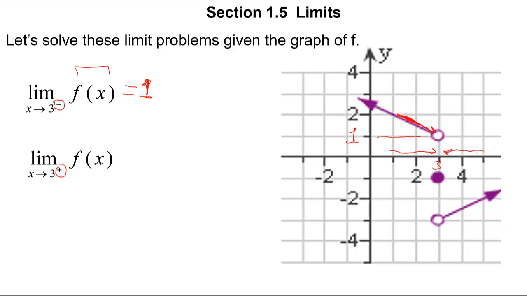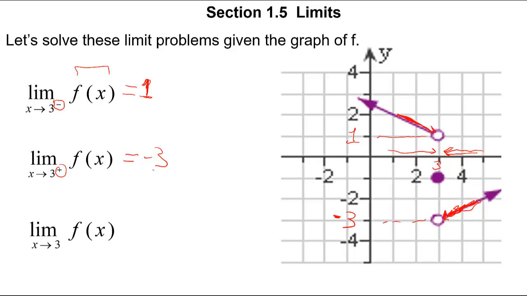But if I want to stay on the curve, the graph that represents the function, then I'm down here. So I'm moving along this part of the function, and as x gets closer and closer to 3 from the right, I'm riding along on this piece, getting closer and closer to this value, which is -3. So the limit of f of x as x approaches 3 from the right is -3.